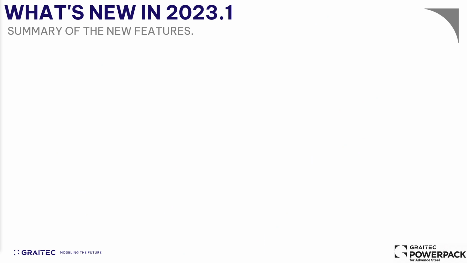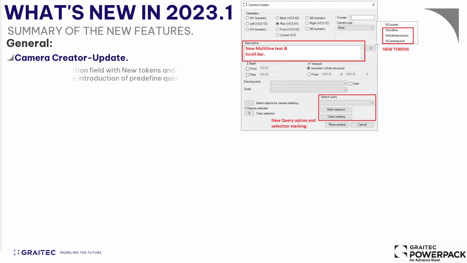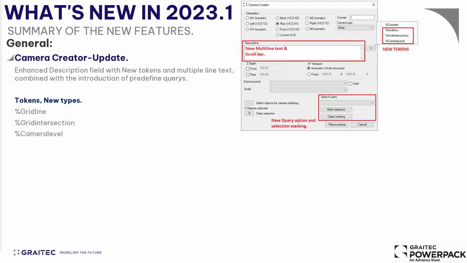Focusing upon the camera creator as our first feature, we introduced this in the 2023 version, and in this .1 version, we've enhanced this feature, bringing new tokens to the description field. So we've added these new token types, which are for grid lines, grid intersection, and camera level.